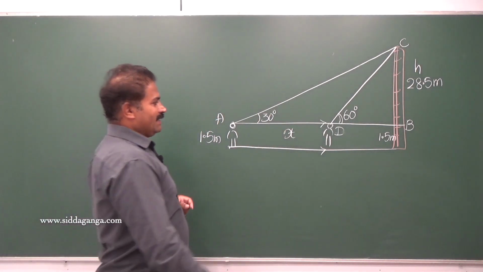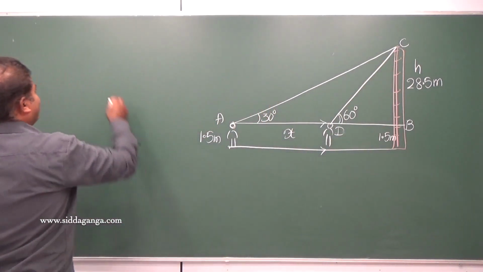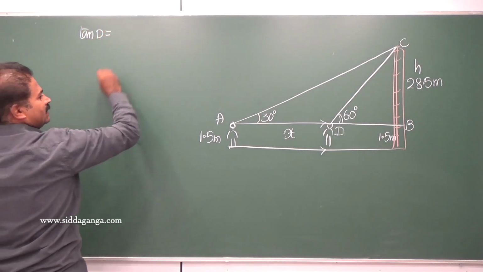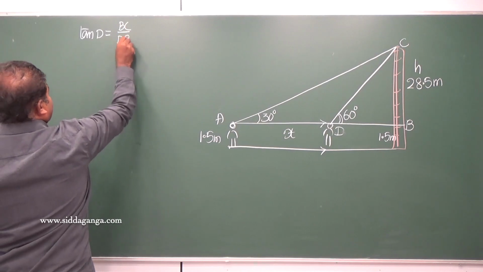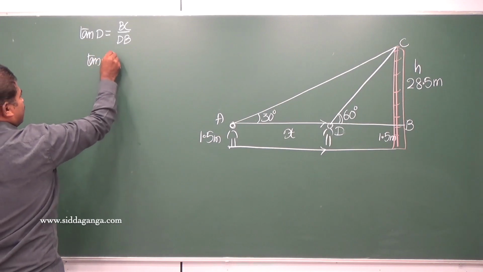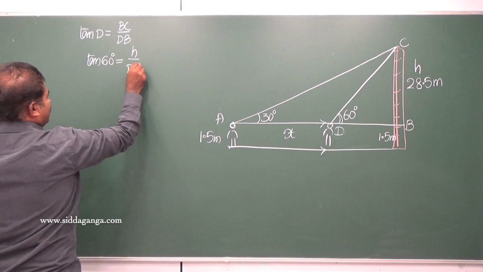So first we'll take the smaller triangle CDB, in which tan D is equal to the opposite side BC divided by the adjacent DB. So tan D is 60 degrees, so tan 60 degrees is equal to BC, which is the height, divided by DB.